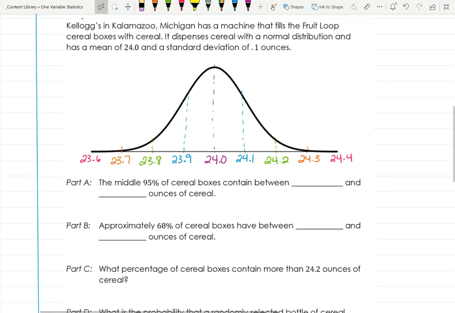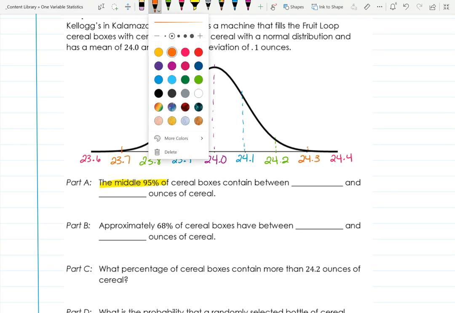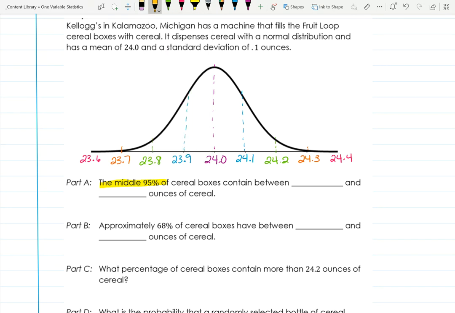All right, so our percentages. The middle 95% of cereal boxes contain between, again, 68% lies within our first standard deviation, 95% is all of that. So the middle 95% falls between 23.8 and 24.2 ounces of cereal.